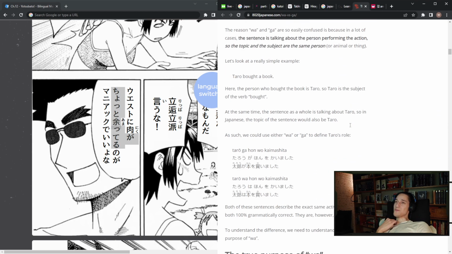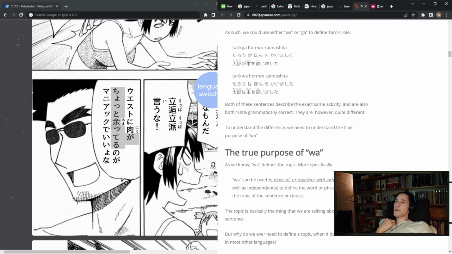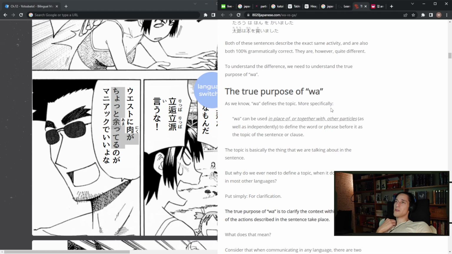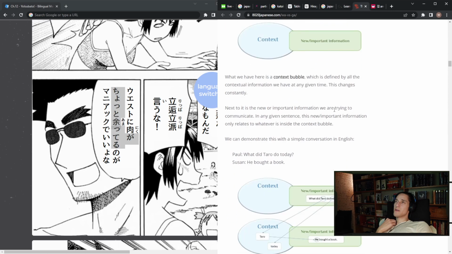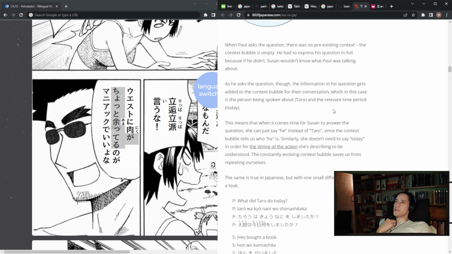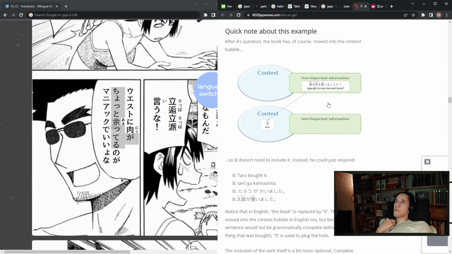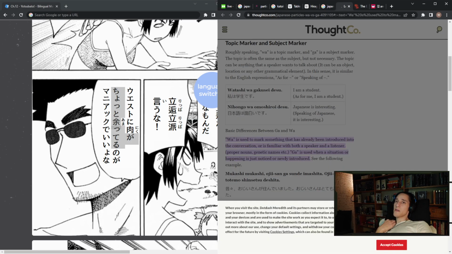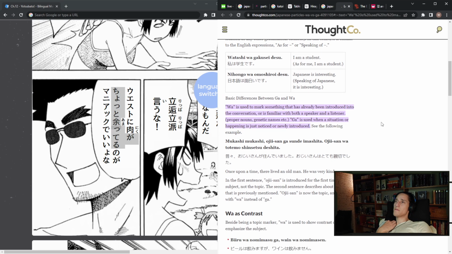I'm more confused the more I read. I thought it was kind of easier, but as I see here, I don't have time for this today. Okay. Wa is used to mark something that has already been introduced into the conversation or is familiar to both the speaker and the listener. Okay.